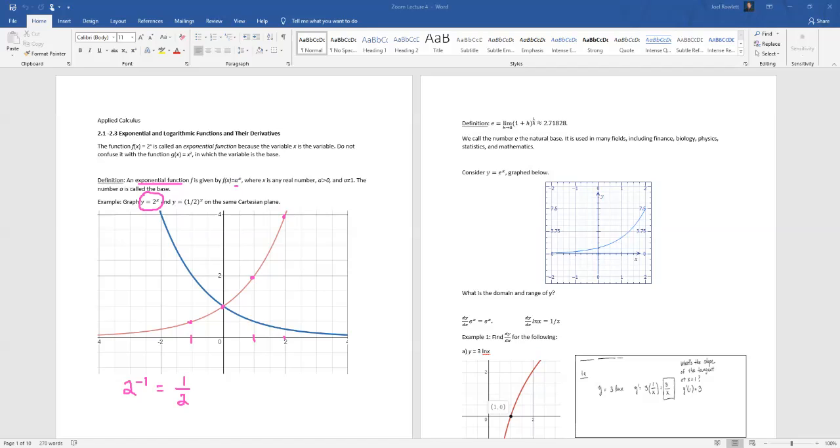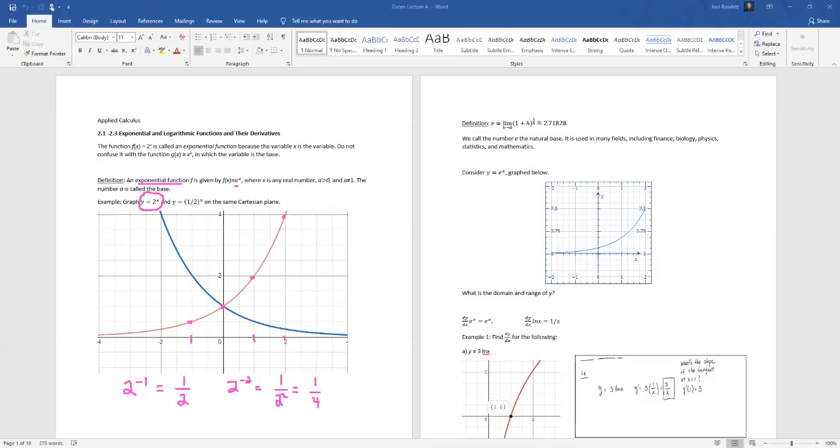Let's do another one. What about x is equal to -2? Well, if we have 2 to the power of -2, that would be equal to 1 divided by 2 to the power of +2. And 2 to the power of 2 is 4. So if x is equal to -2, we know that the y value is 1/4.